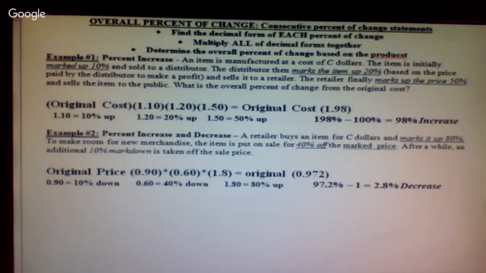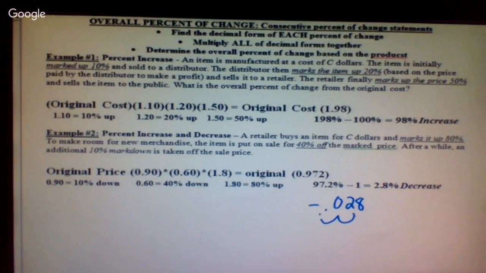How did it go from 97.2% to 2.8? Because if you subtract 1, you get negative 0.028. So that means it's decreased by 2.8%. I don't even see how they get 2.8 by subtracting 1.